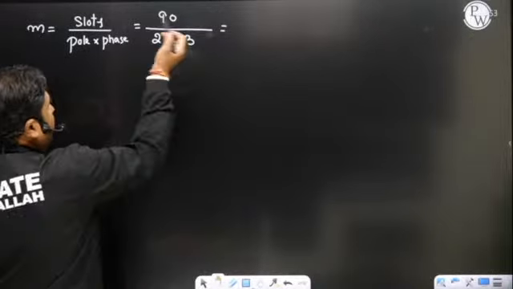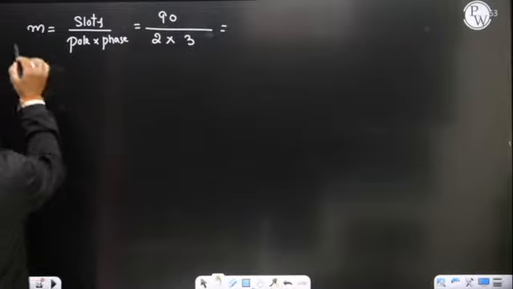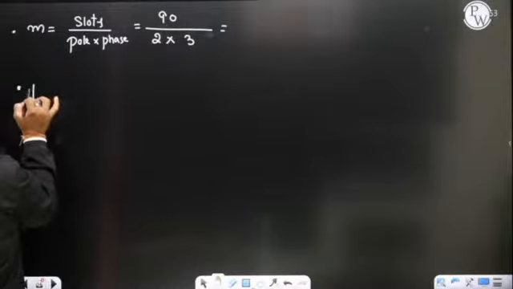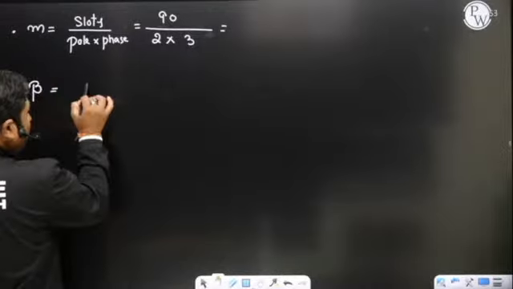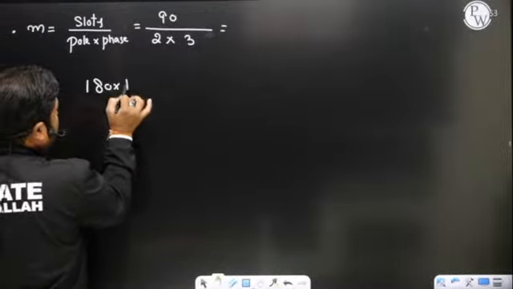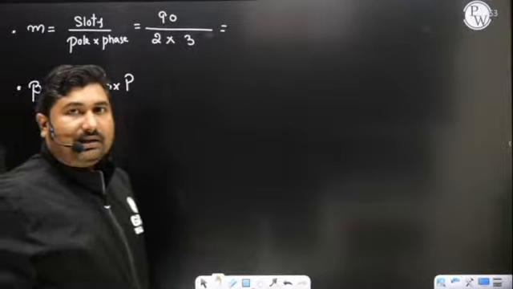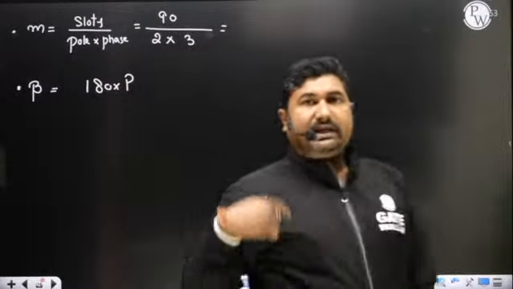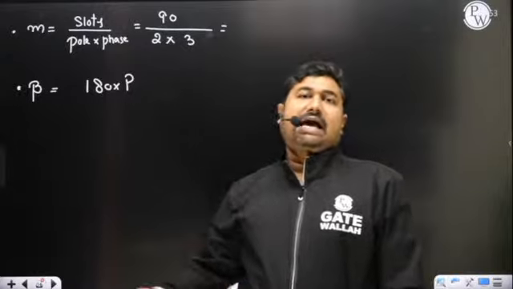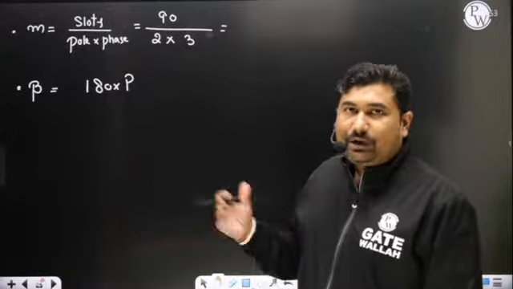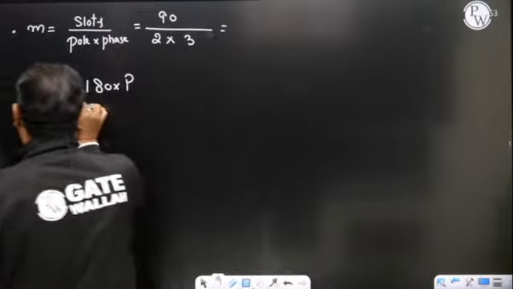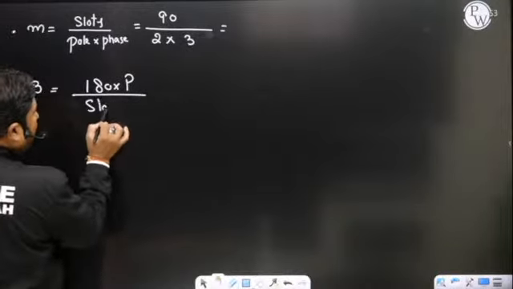So we have 90 by 6. This is m. Similarly, we can find beta. Beta is 180 into pole, that will give you the electrical equivalent of a 360 degree mechanical, divided by the number of slots, and you will get the slot angle.